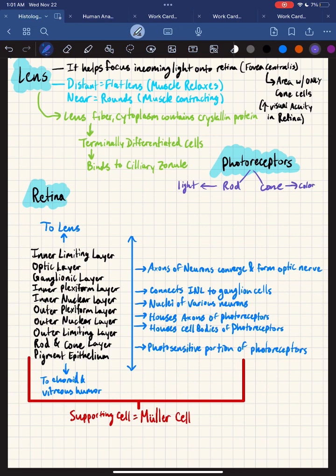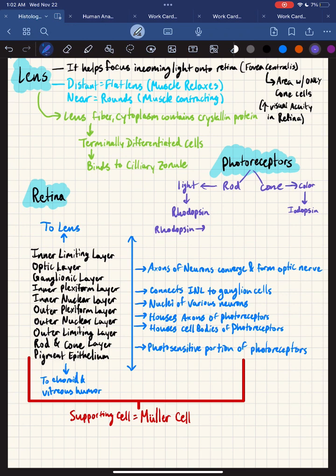So, since it tracks light, the rod's primary light sensitive receptor protein is going to be rhodopsin. And the cone's primary receptor protein is going to be iodopsin. Now, what are these? Well, we'll talk about it.